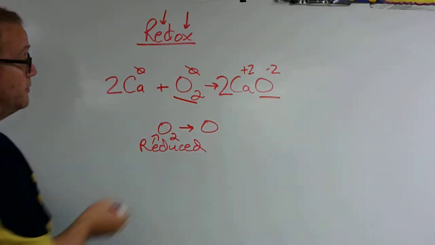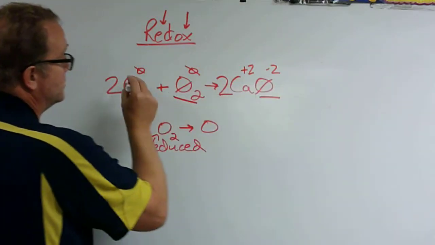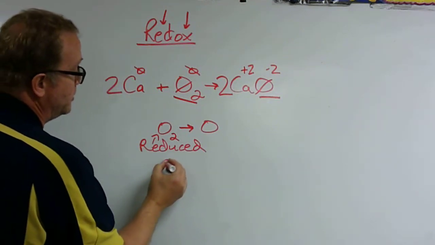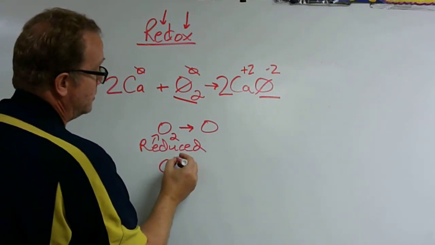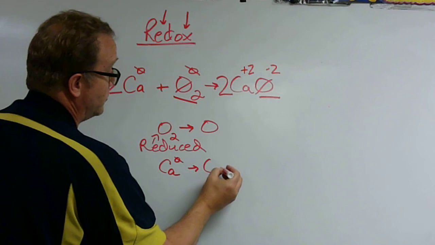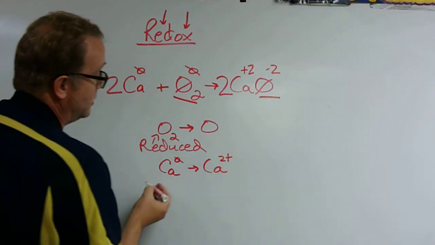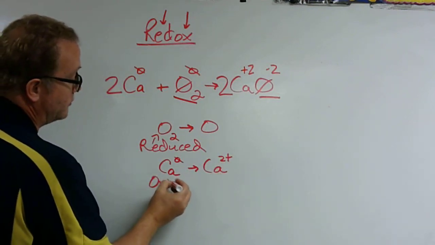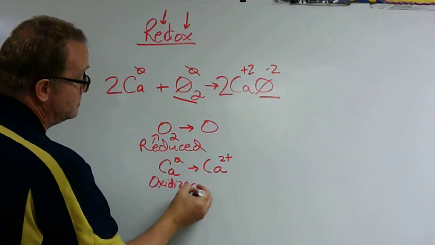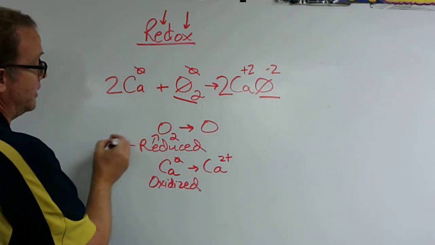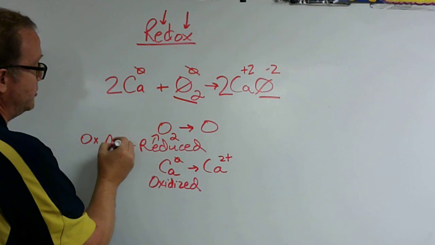And then, if I want to do my other one, I'm going to notice that the charge went up. So my Ca going to Ca +2 is actually being oxidized. So this one's called the oxidizing agent.